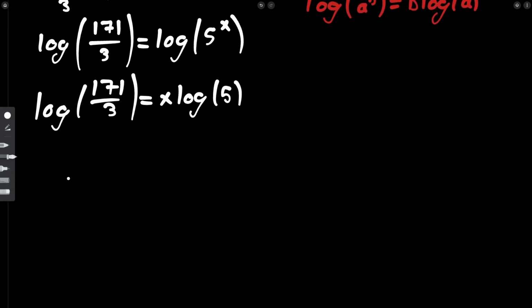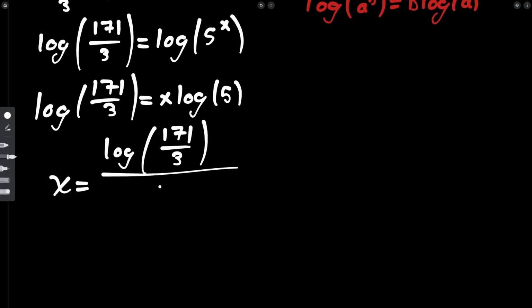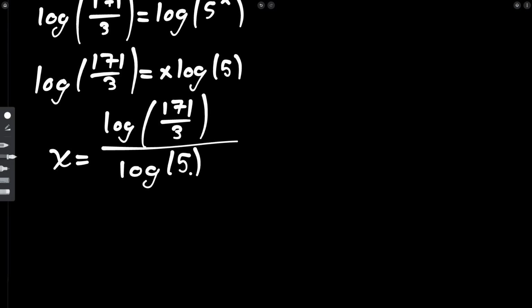Now, finally, to solve for x, we divide by log 5 on both sides, and we're given a final answer of the logarithm of 171 over 3 over the log of 5. Nice and easy.